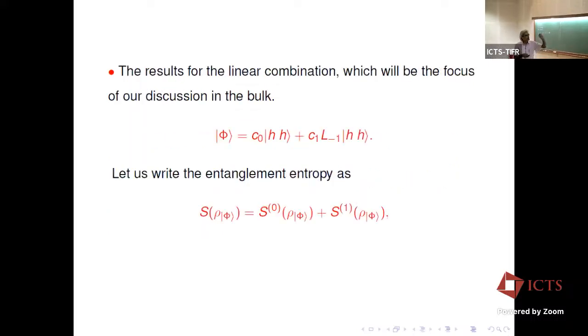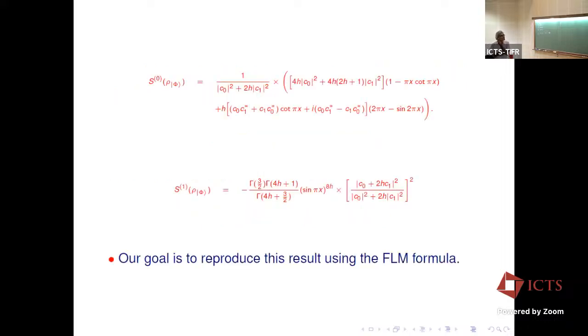Now, this is the state which we will focus on: a linear combination of the primary plus one left Virasoro descendant. Let's write the entanglement entropy explicitly. Here there is a term of this kind, the modification of 1 minus pi h, which is the usual thing people know.